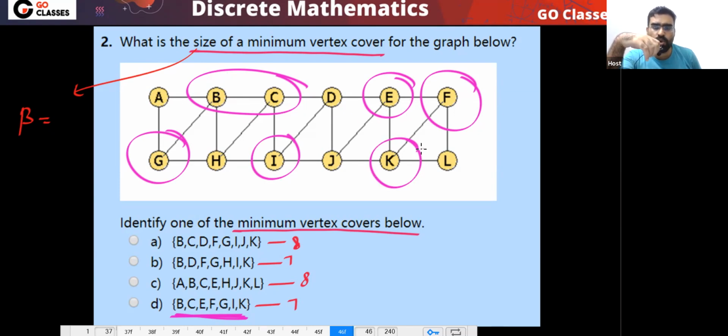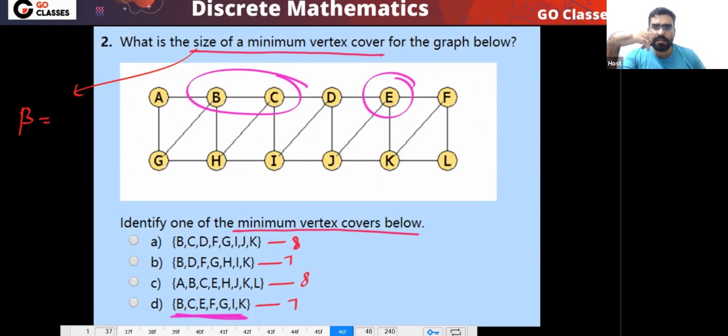Why am I writing these big circles? Because it is telling me which edges are covered. Yes or no? In the GATE exam, if this question comes, these things are telling me which edges are covered. So that is the reason I am writing these big circles.